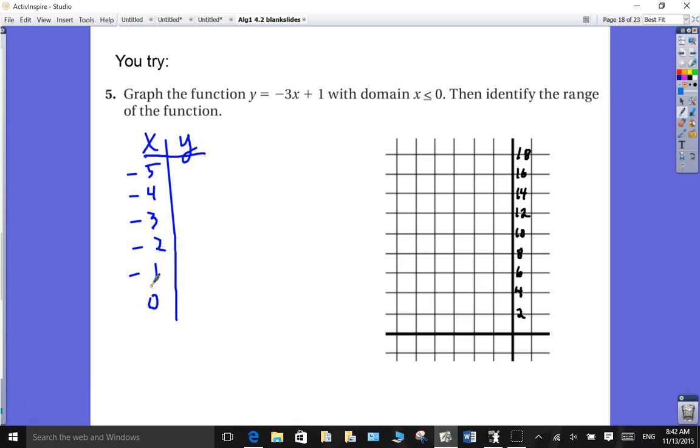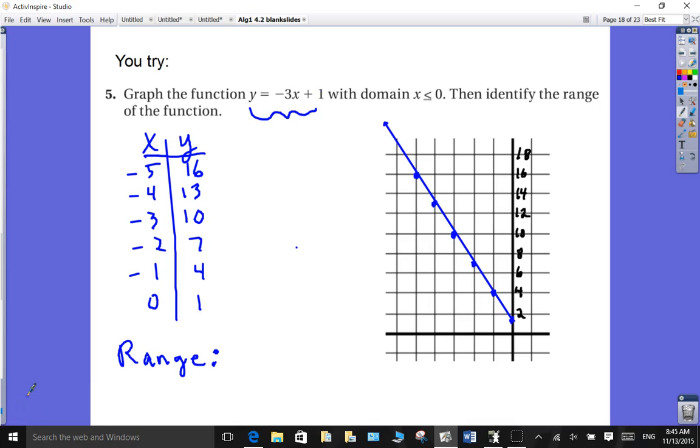So plug those in here, make your y values, graph. See if you can come up with the shape and the range. That's what you should be coming up with. That much of it we've been doing. What's different about this now is this limited domain, limited range thing.